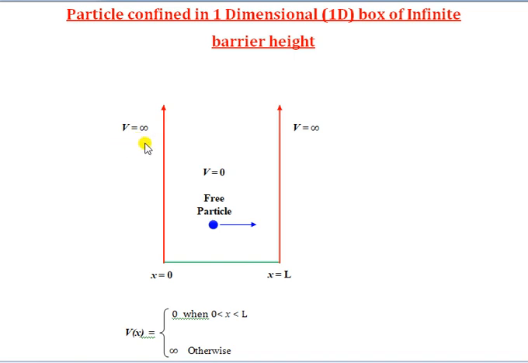So mod psi square d tau equal to 0, it means psi equal to 0. So the first boundary condition is at x equal to 0 the wave function psi equal to 0.